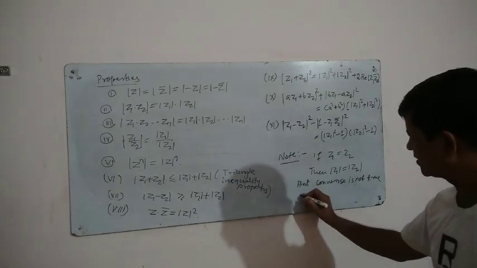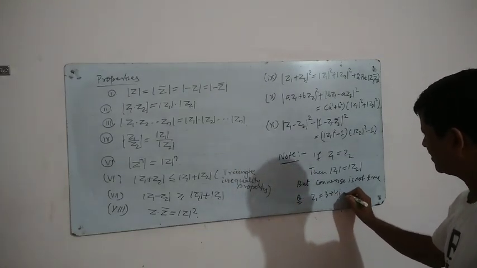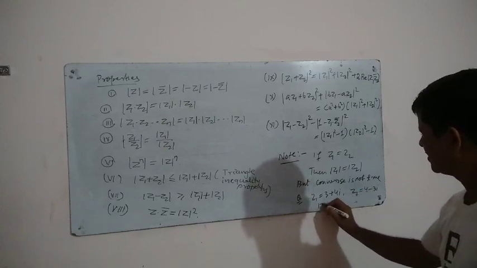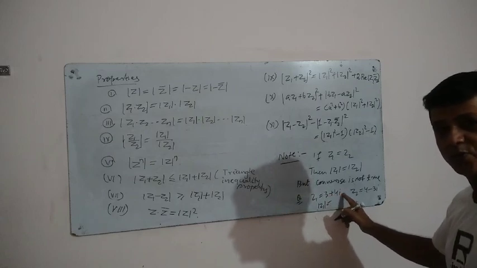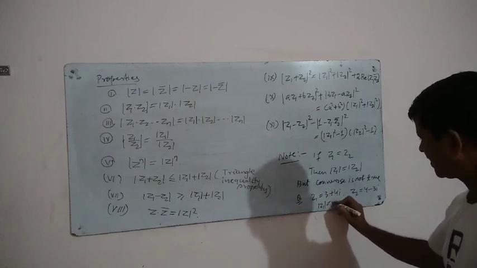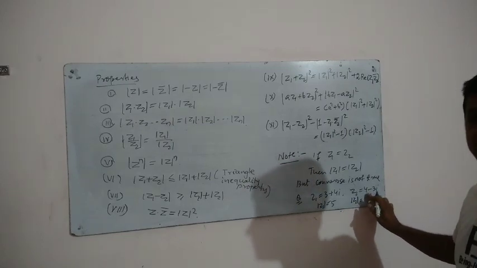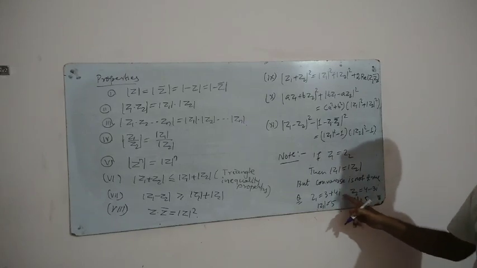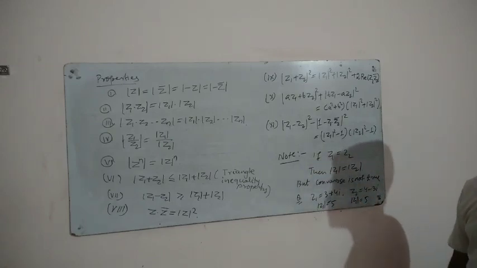Look at one question. Z1 is equal to 3 plus 4i and Z2 is equal to 4 minus 3i. Here mod Z1 is root of 3 squared plus 4 squared, which is root 25, that is 5. And mod Z2 is root of 4 squared plus minus 3 squared, 16 plus 9, root 25, which is 5. They are the same, but the complex numbers are not the same. Z1 is not equal to Z2, but their moduli are equal.